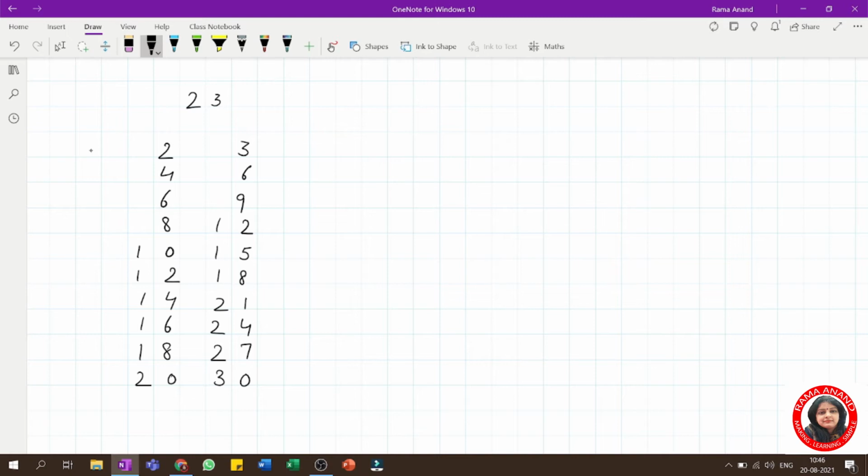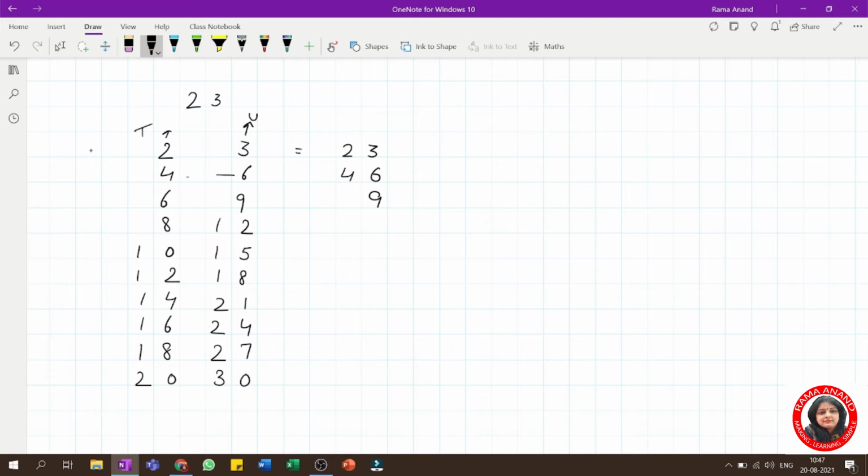After writing the table, what you have to do is, this is my unit place, this is my tens place. So just unit place as it is, tens place as it is. This is my first number 2, 3 ones are 3. Now keep 6 here and as there is no digit over here, so write 4 as it is.